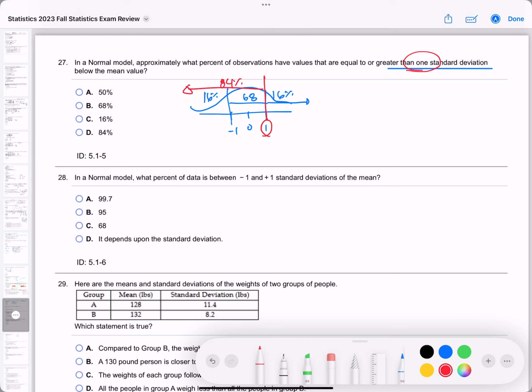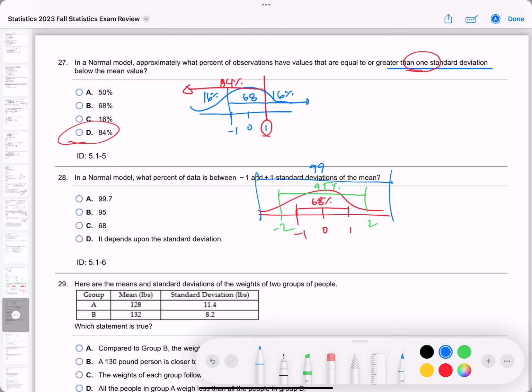So one standard deviation is higher than 84% of everything and lower than 16% of everything. In a normal model, the data is between -1 and +1 for 68% again. I can go ahead and write this out because I've talked about it a couple times. Remember, 68%, 95%, and then 99.7%. So you can see for one standard deviation, it's 68% in the middle.